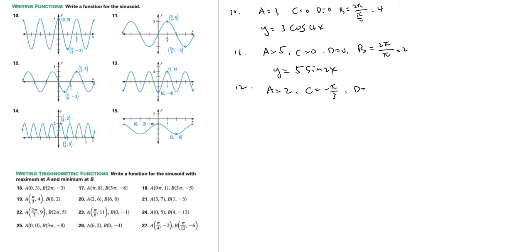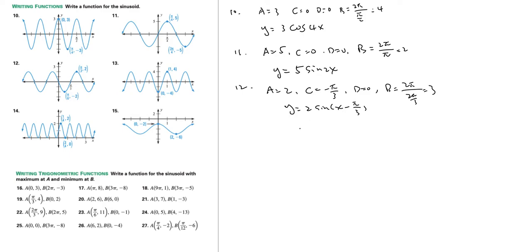D is not going anywhere, and B is equal to 2 pi over the period. The period is going to be 2 pi over 3, so B is 3. So y equals 2 sine 3 times x minus pi over 3, and D equals 0.